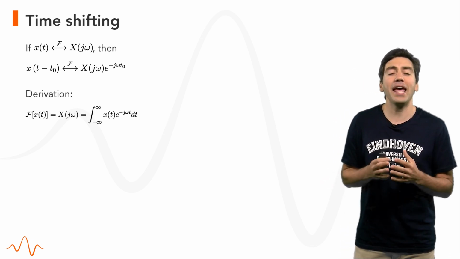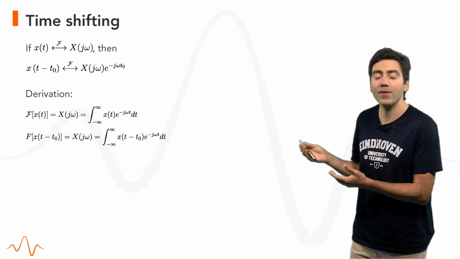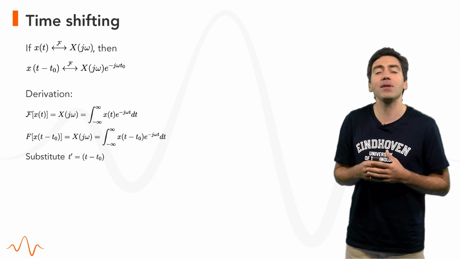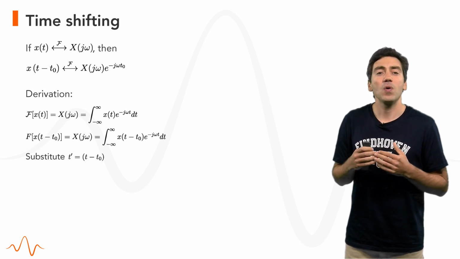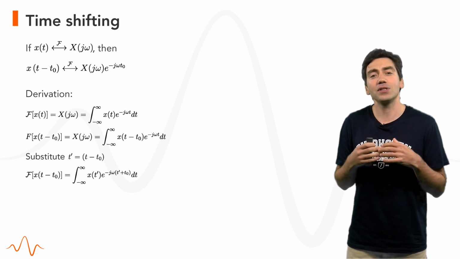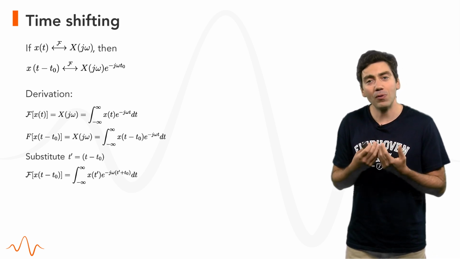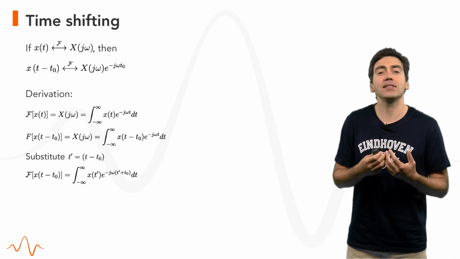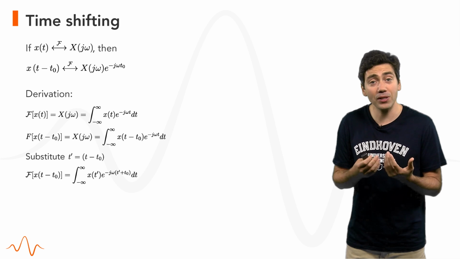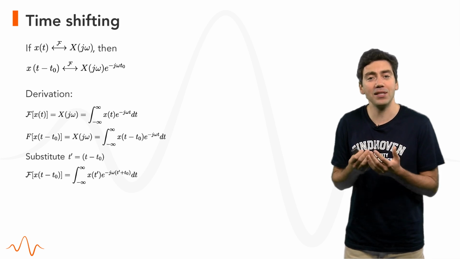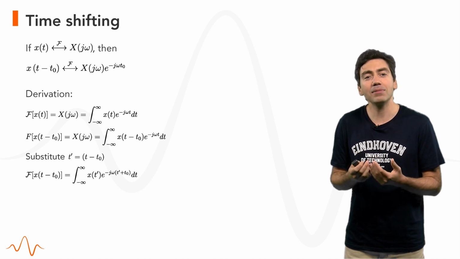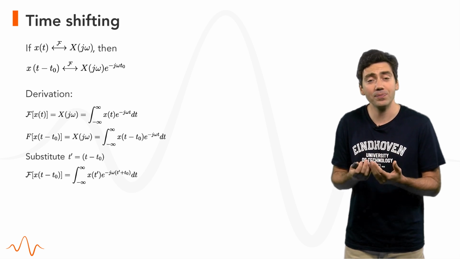We just have to plug in x of t minus t naught in the Fourier transform formula, and if we apply the change of variables t prime equals t minus t naught, we obtain that the limits of integration remain the same, dt equals dt prime, but when we replace t by t prime plus t naught, we get exponential of minus j omega t plus t naught, which is exponential of minus j omega t times exponential of minus j omega t naught.